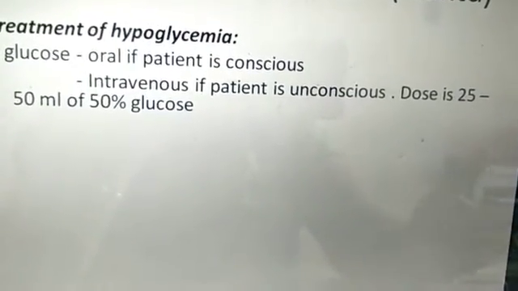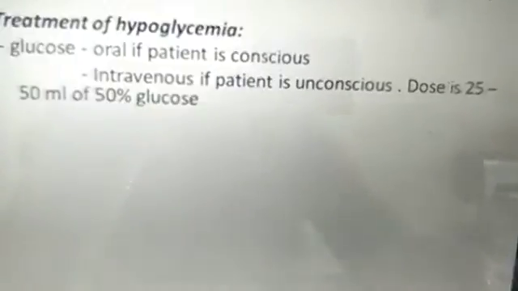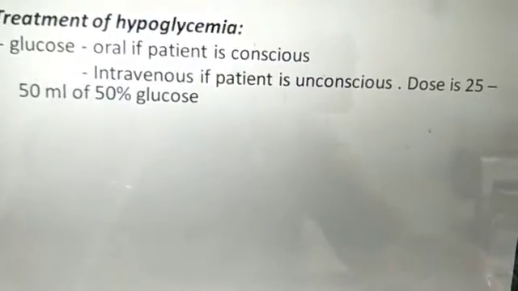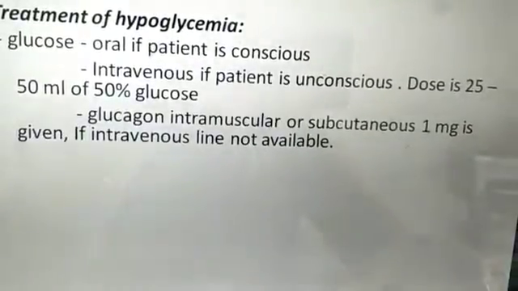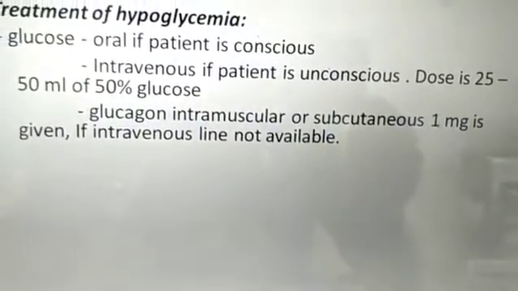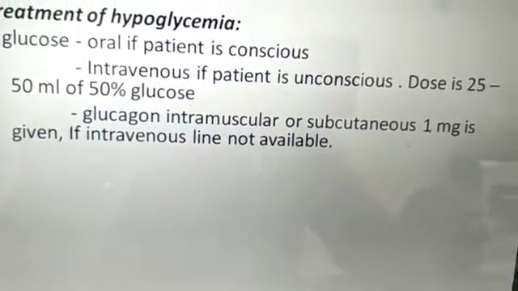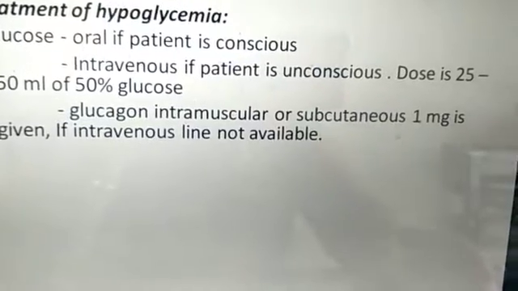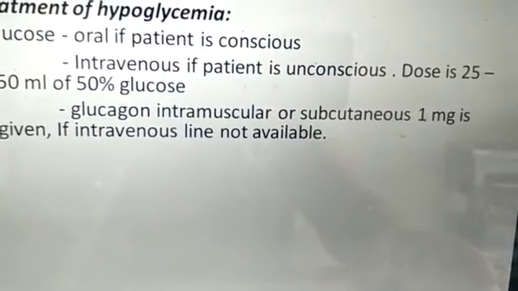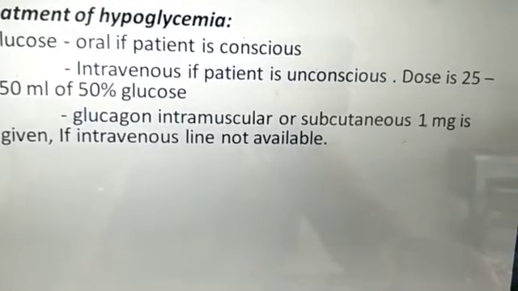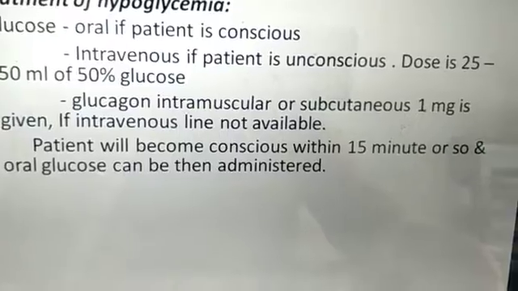Here 50% glucose to a hypoglycemic patient. Now sometimes intravenous line is not accessible. You cannot find the intravenous line. Then, if patient is unconscious, you can't give by oral route, and intravenous line is not found, then we give glucagon in a dose of 1 milligram by subcutaneous or intramuscular route and patient will become conscious within 15 minutes.